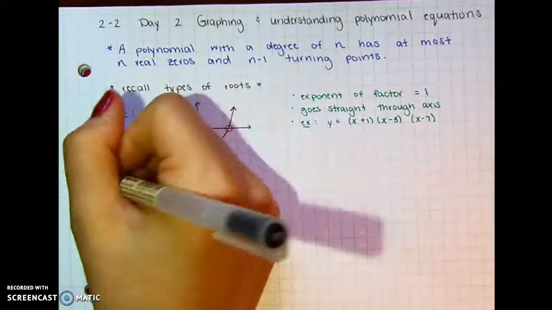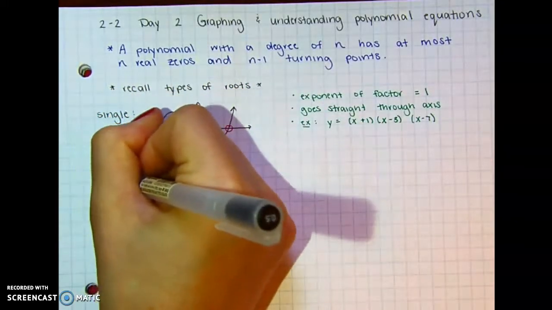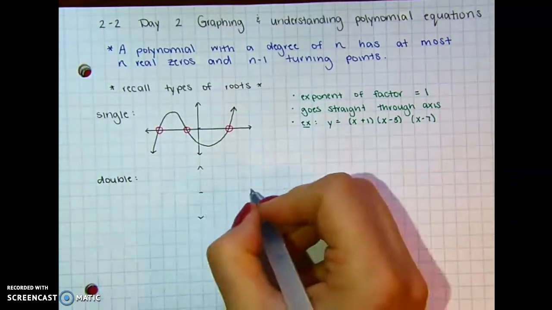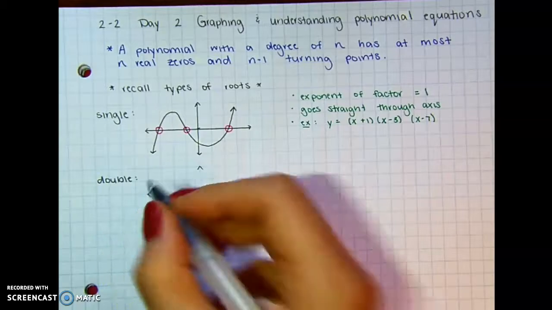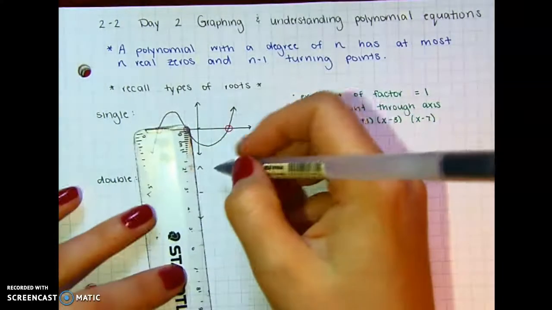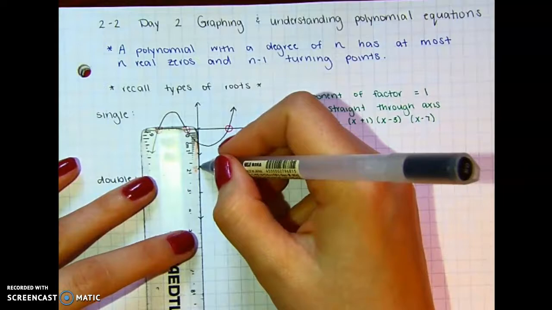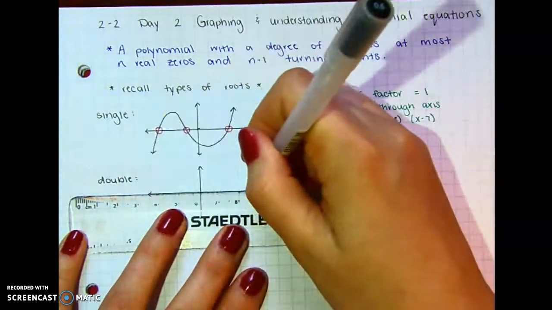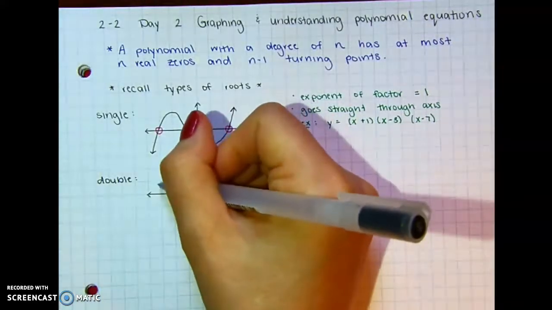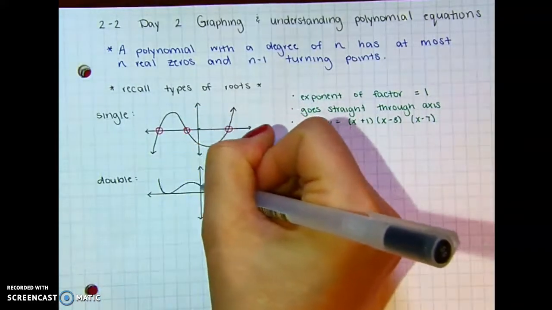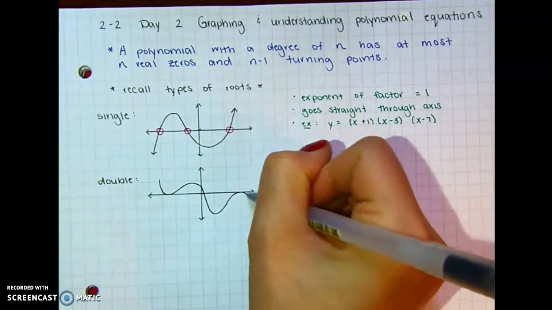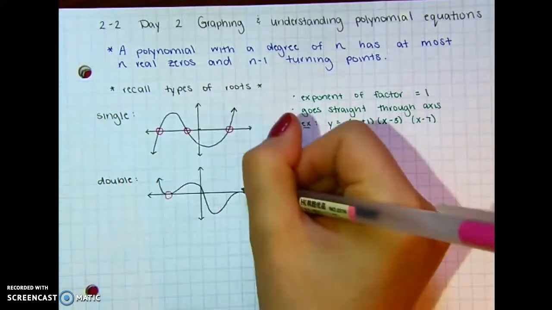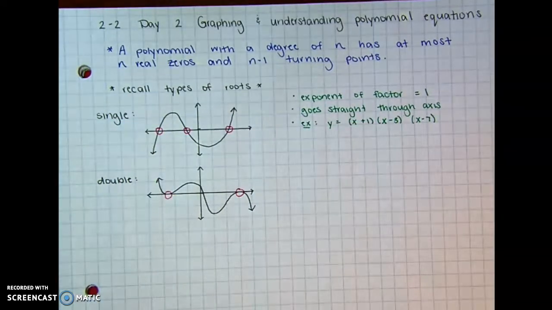Okay, the next one is double. So that could look like this. So this and this are both doubles.